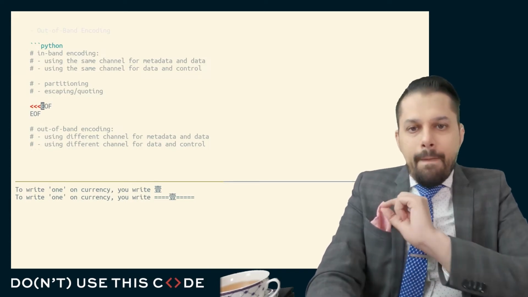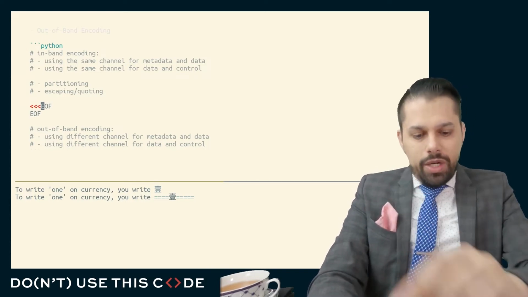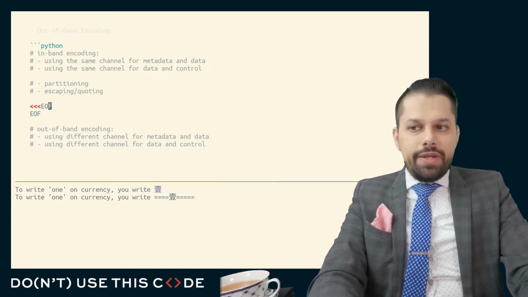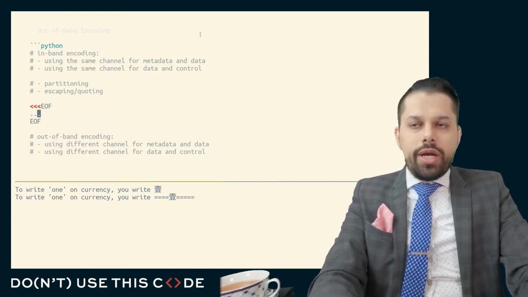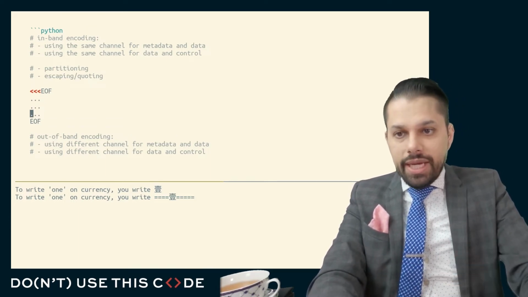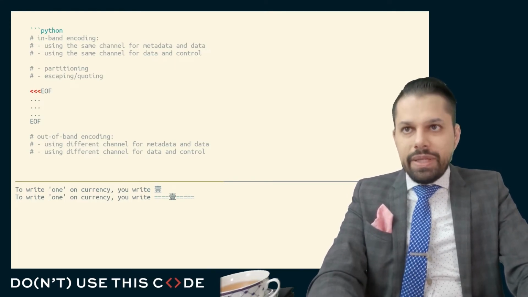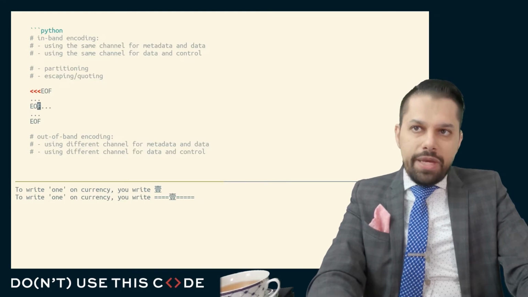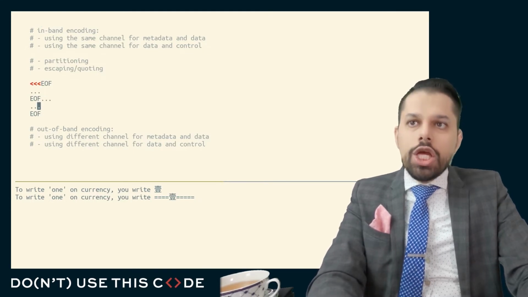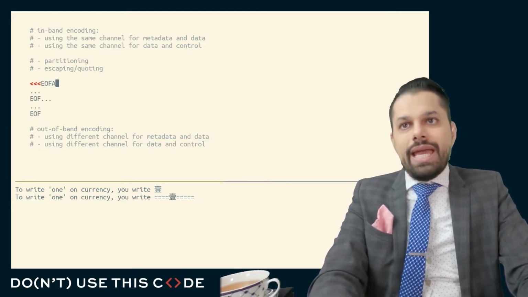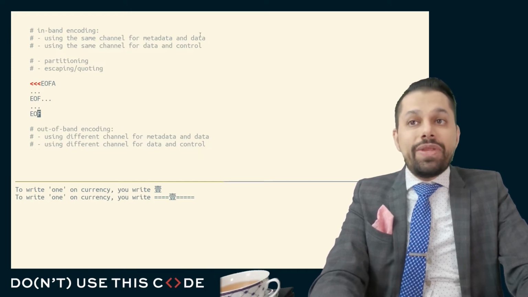You say, mark the end of the document with this string, and here's where the end of the document is. And here is where you put your bash string. Well, the thing is, you're guaranteed that you don't have to partition this space, because if EOF appeared somewhere in the middle of this thing, you would just change what your escaping or quoting character is to something else.